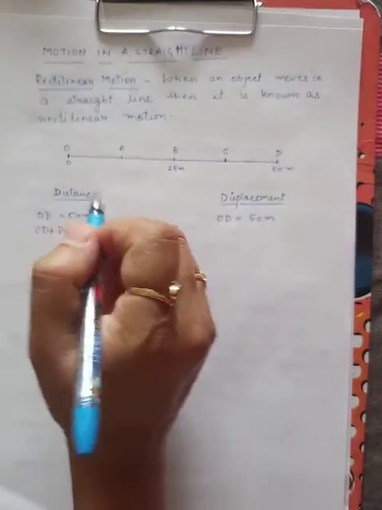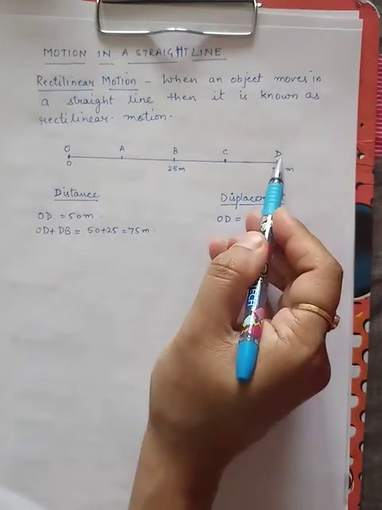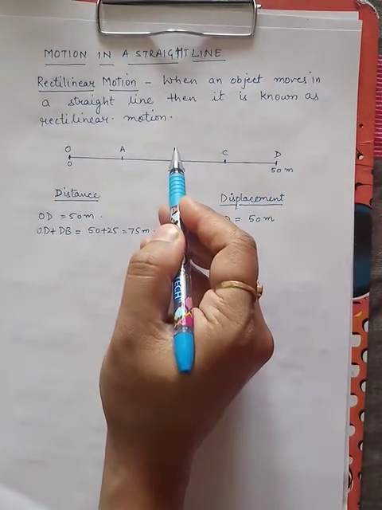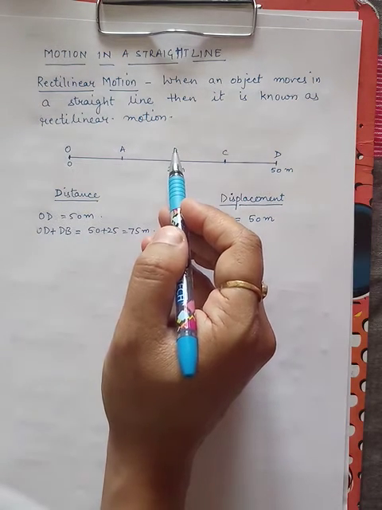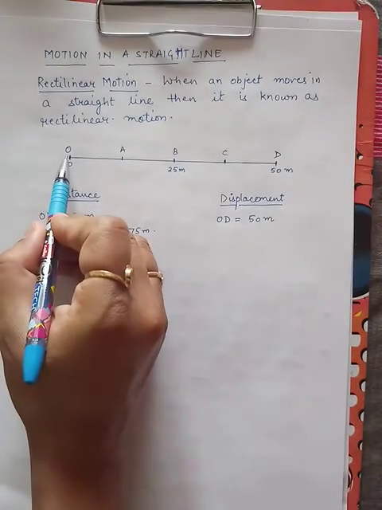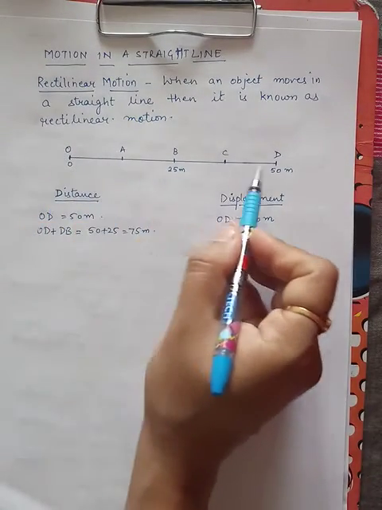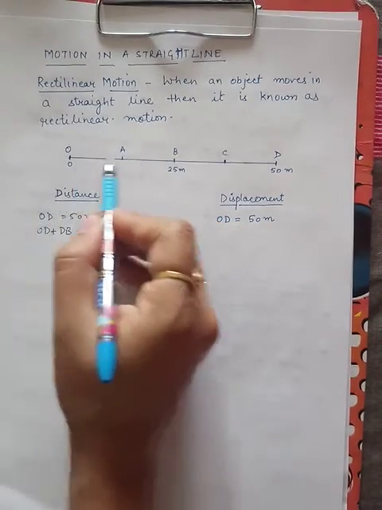Now in the second case, the object has turned and came back towards B, right? So what is the shortest distance over here? The initial point was this, the final point is this.